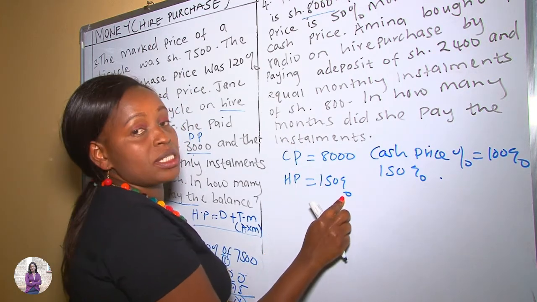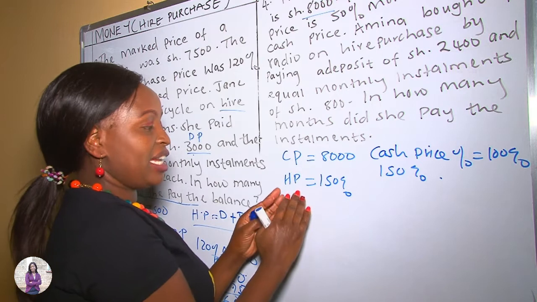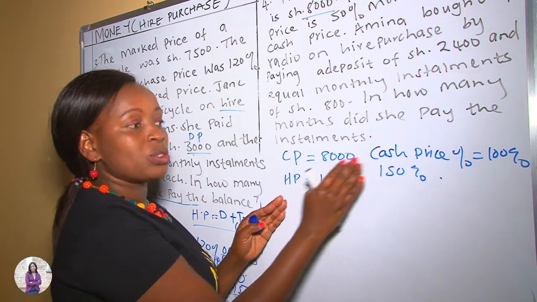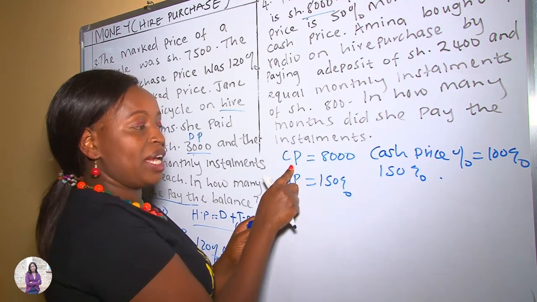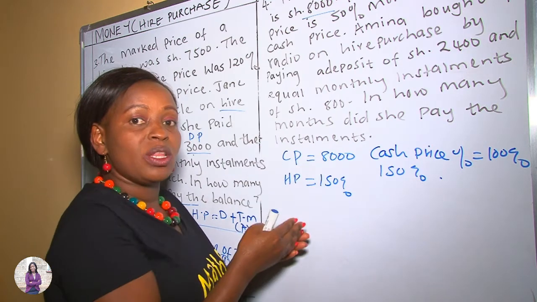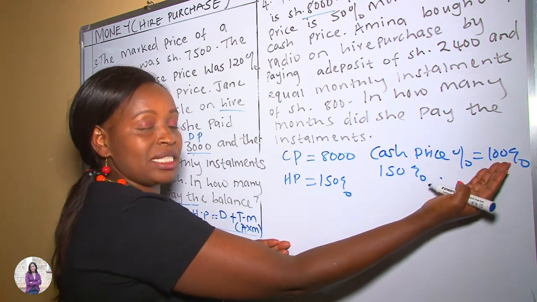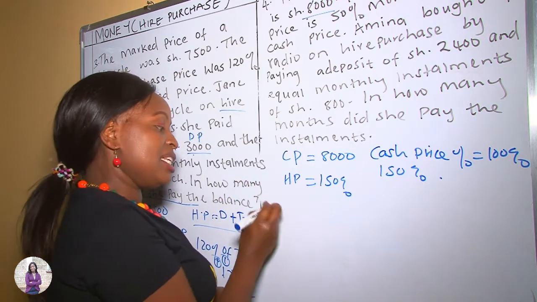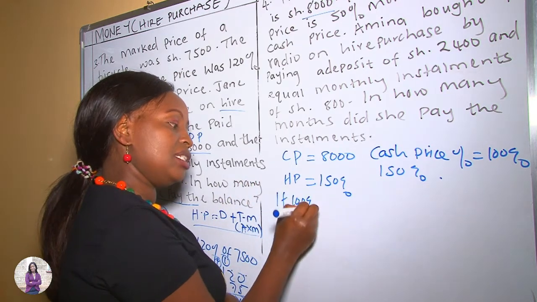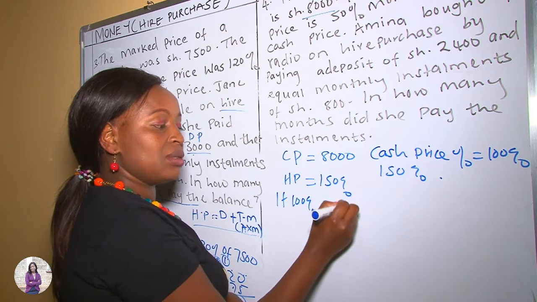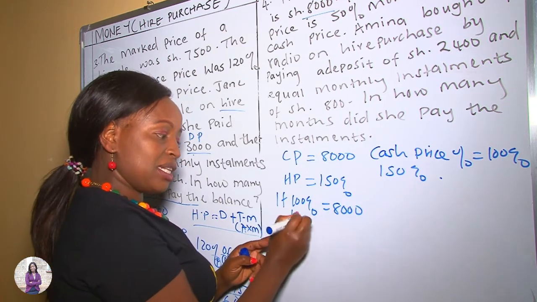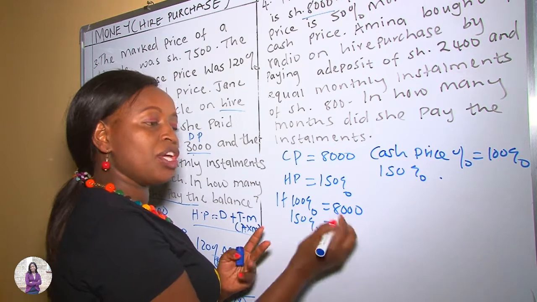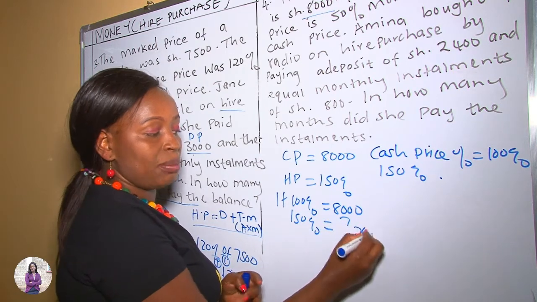So now we can get hire purchase when you're relating using percentages, because the cash price is 8,000 and we know the cash price percentage is 100%. So we can relate by saying if 100% is equal to 8,000, what about 150% for hire purchase will be equal to what quantity? So that can be X.